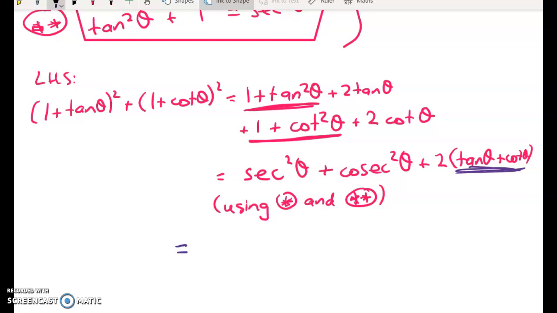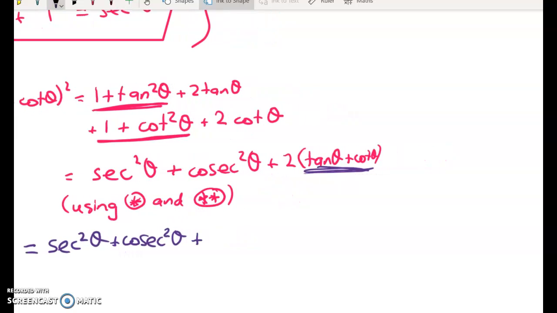So we're just going to do it sitting in the proof. We've got sec squared theta plus cosec squared theta plus 2 times, right, now it's finally time to substitute in sine theta over cos theta plus cos theta over sine theta.